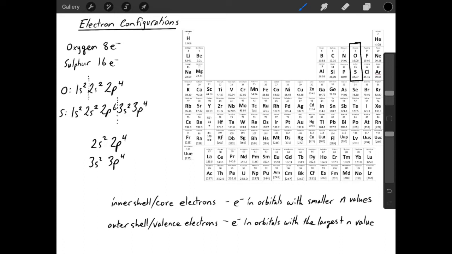So any set of atoms that belong to the same group are going to have the same valence configuration. The number of core electrons can be different, but the number of valence electrons are going to be the same within a group.